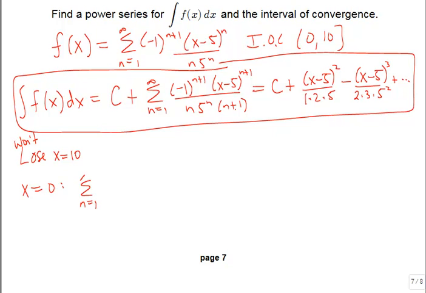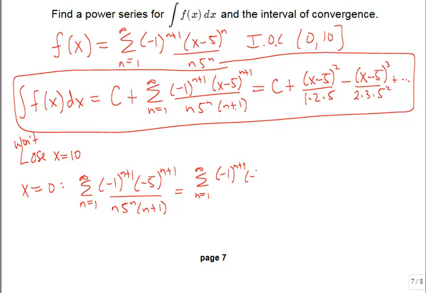So let's plug in 0 for this x. So we'll get negative 1 to the n plus 1. 0 minus 5 is negative 5, to the n plus 1, over n times 5 to the n times n plus 1. And I'm going to do a little bit of simplifying here to get a better feel for what this looks like. The negative 1 I'm going to pull out, and it's raised to the n plus 1. And then the 5 to the n plus 1 is really a 5 to the n times a 5.